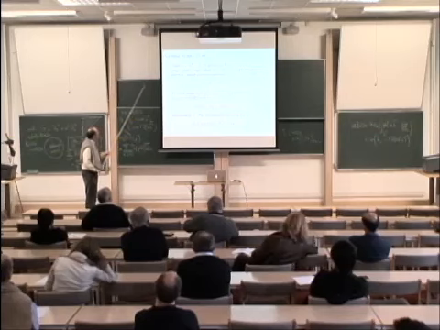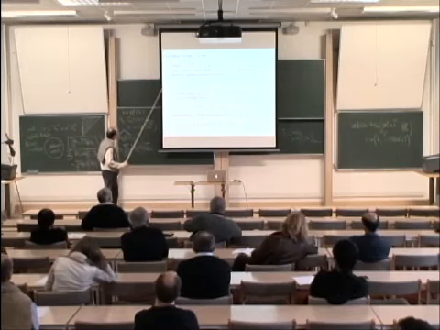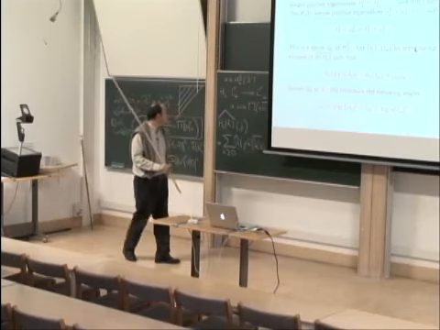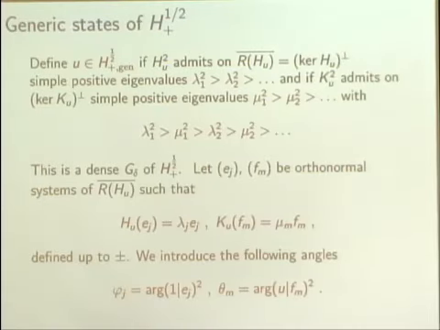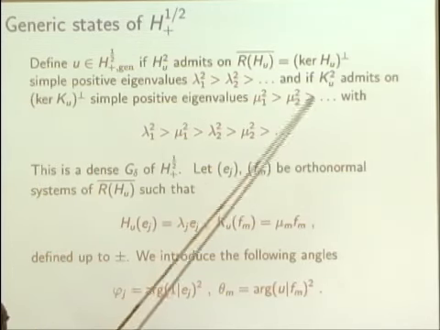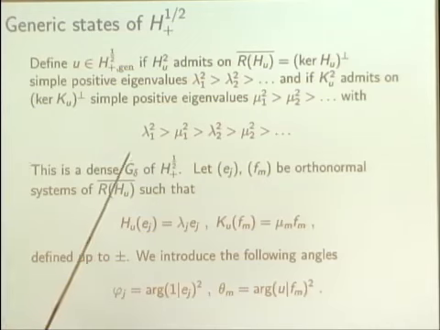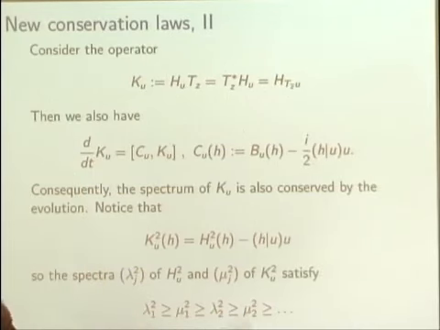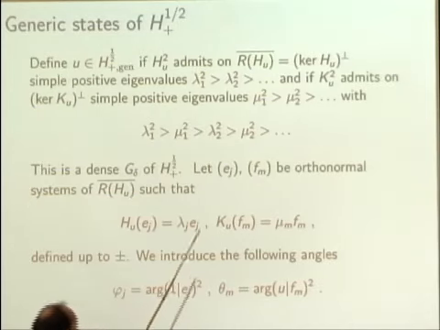So let me define good states. So functions which are in H1/2, once again, these are functions in the Sobolev space on the circle, but with non-negative Fourier modes only, and define the subset of this space which corresponds to what I call generic states, which means that the non-zero eigenvalues of my two favorite operators, HU square and Ku square, satisfy, in fact, strict inequalities, not only large inequalities as here, but I demand that the inequalities are in fact strict.